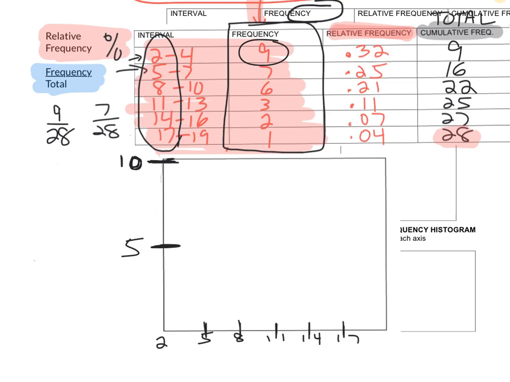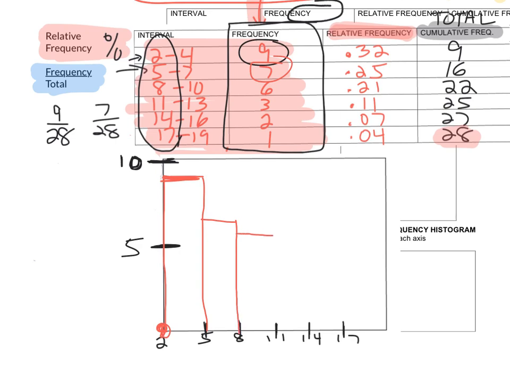So now I know from the first interval, my frequency is going to be 9. So I'll go up to about 9, and I'll label my first section of the histogram. A histogram is a bar graph, but the bars are kind of attached. So here the second frequency is 7, so I'll go up to about 7, and I'll draw the second interval's section up to 7.